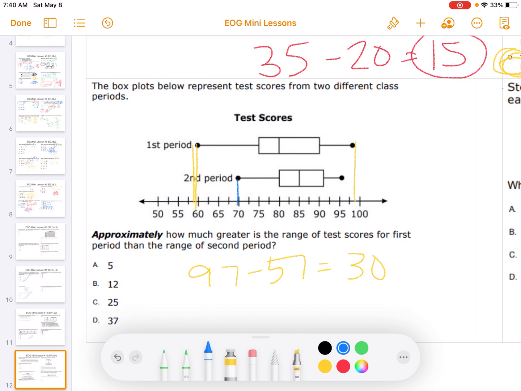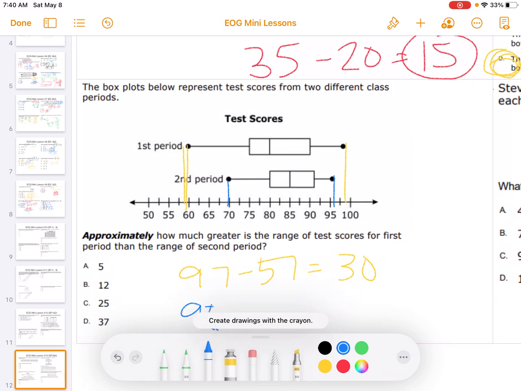This one's like 70 minus 97. No, it can't be 97. It has to be like 96 or something like that, minus like 70. And I get 26.